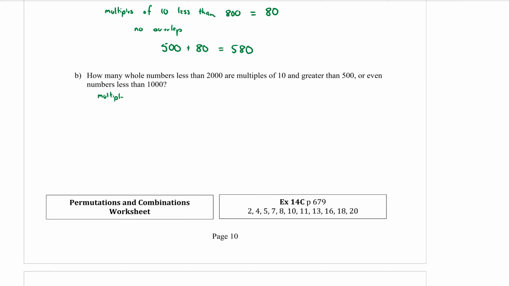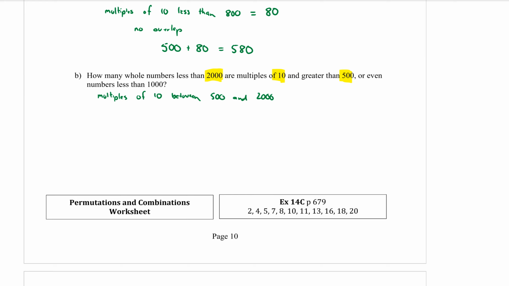So how many whole numbers are less than 2,000, they've got to be multiples of 10, but they're greater than 500. They could have just said exactly what I've written there, but they've worded it in a complicated way. So it's that first sentence.